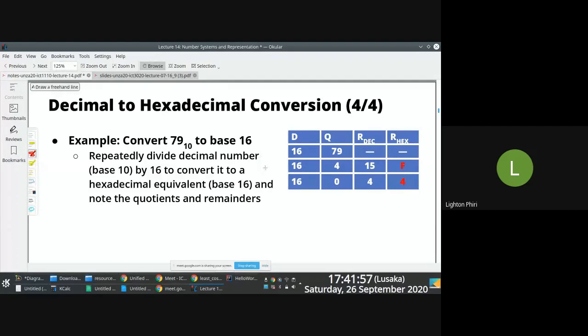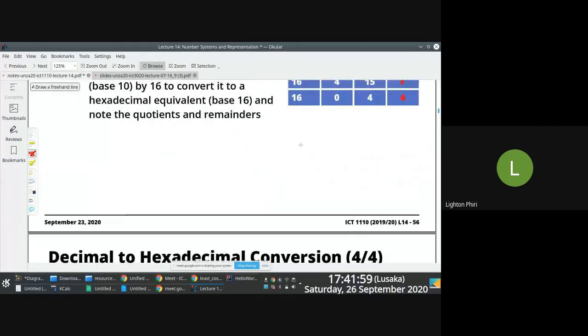When you're converting, let's say, 19 base 10, you actually draw on a piece of paper using a pen. When you're doing this for the first time, you draw these small boxes, the lines, and then you do this stepwise, because at least at first you get confused.